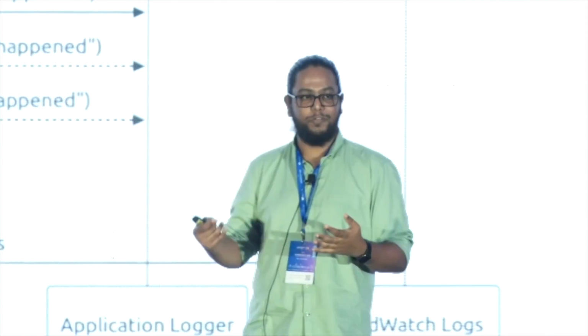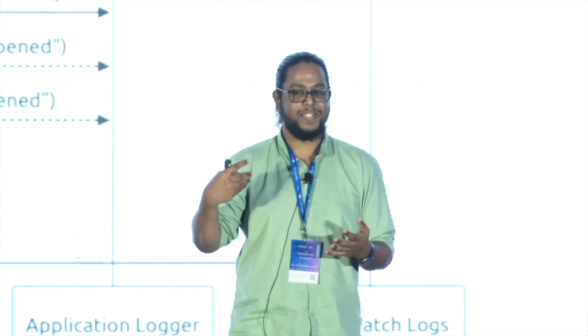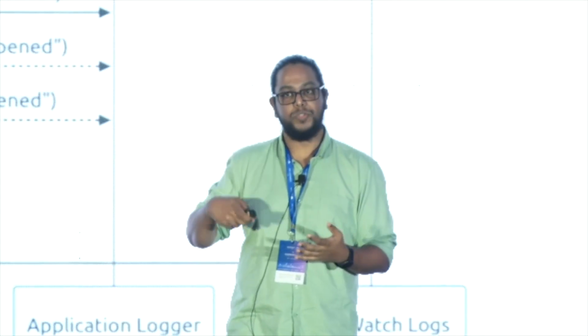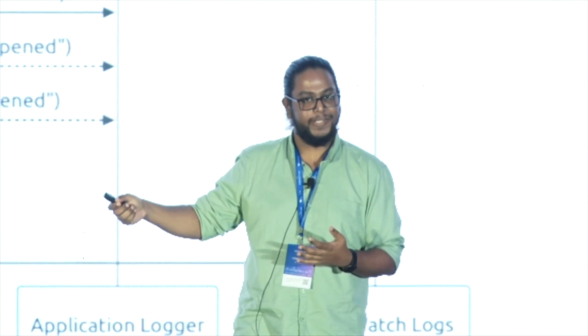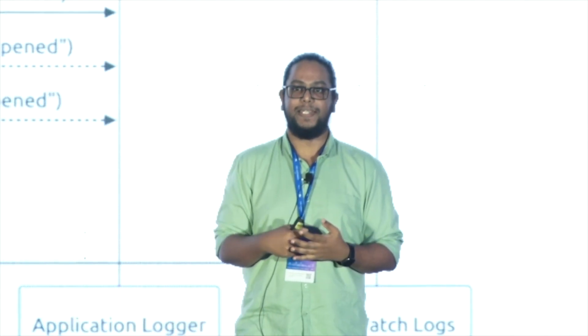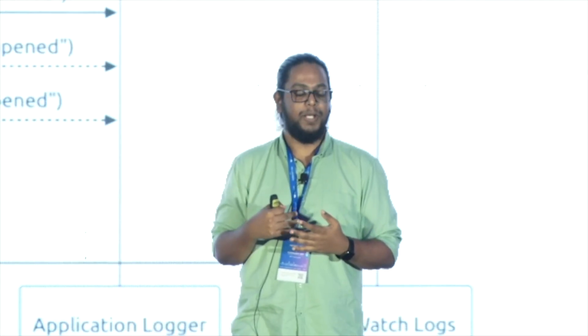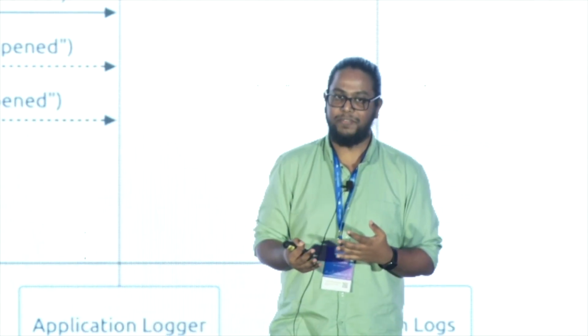How many of us always see info logs and think that's too much information? PowerTools has something called advanced logging controls, where you can set a specific level of logs. Whenever it's logging and sending to your CloudWatch logs, it ensures that anything below the level you set is not logged.